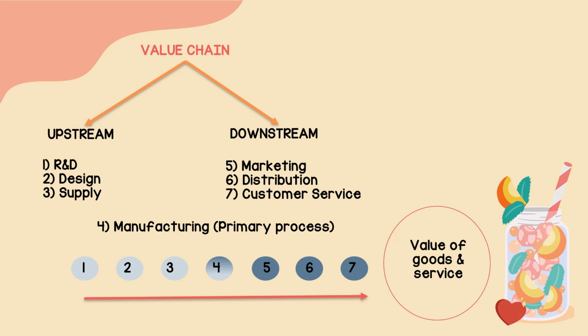Basically, the value chain is the process that requires a company to provide a product that has customer value. The process starts with R&D, design, next supply, and we have manufacturing as the primary process, and going to marketing, distribution, and the last step is customer service.